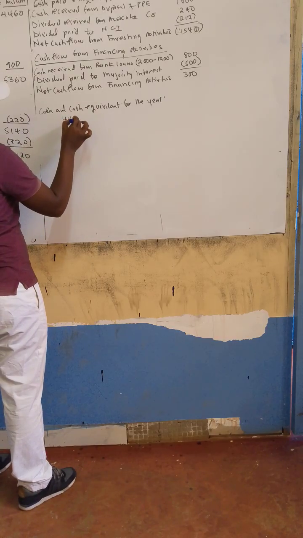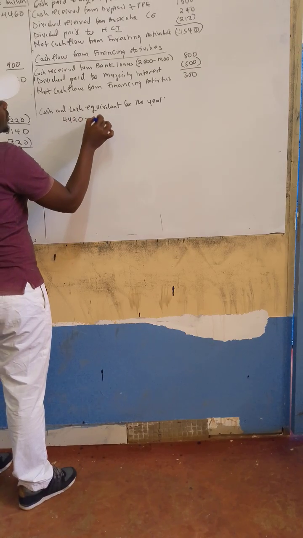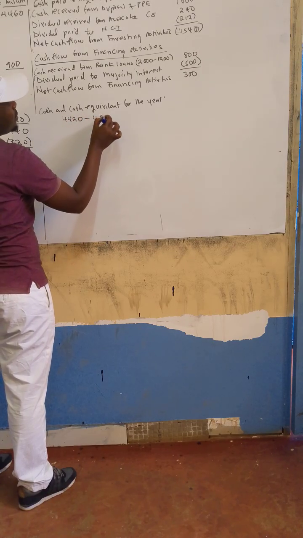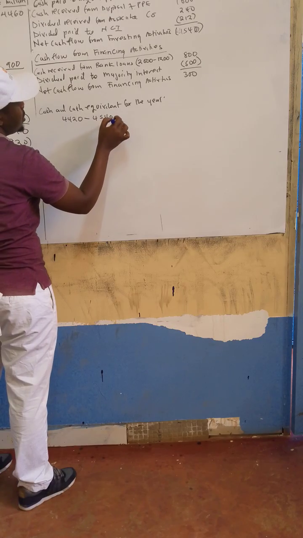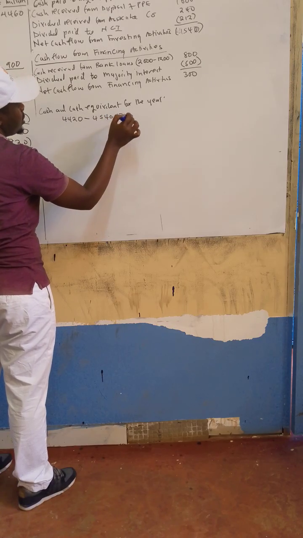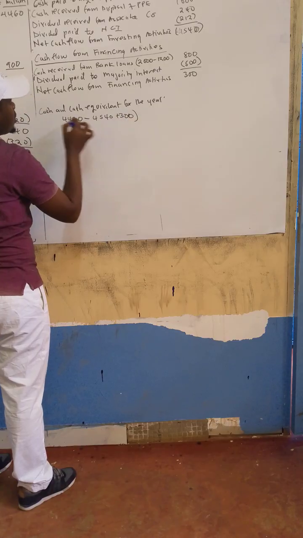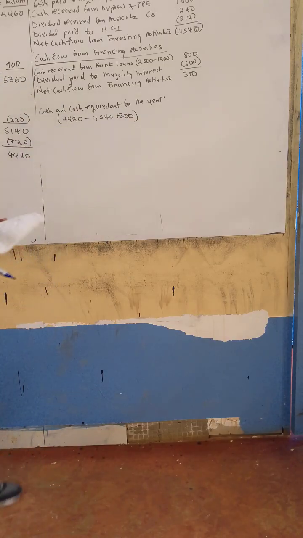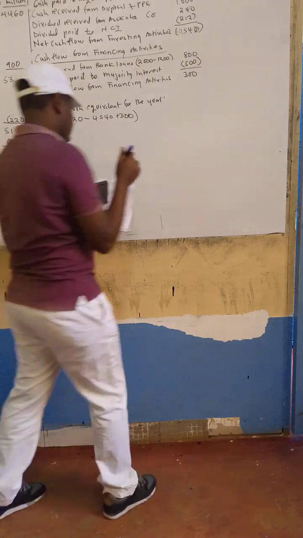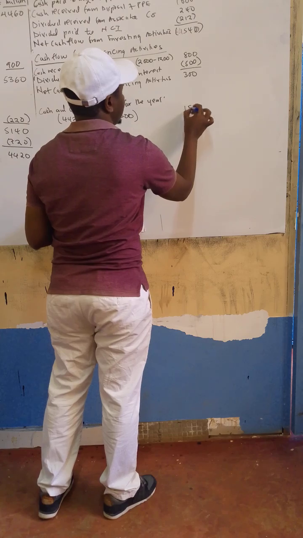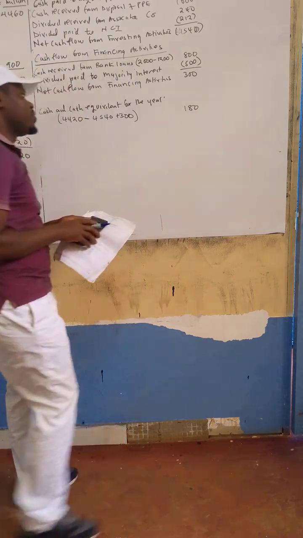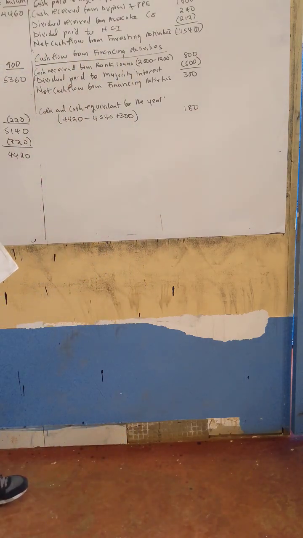This will be 4420 minus 4540 plus 300. You get 180. So cash and cash equivalent for the year, you get 180.